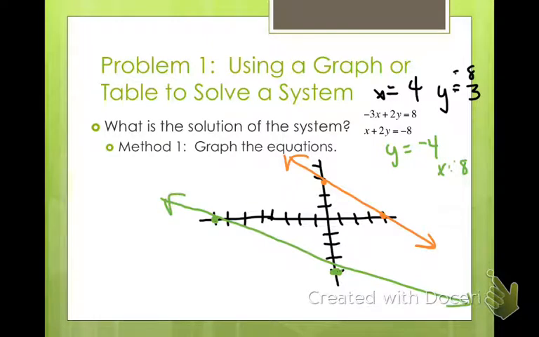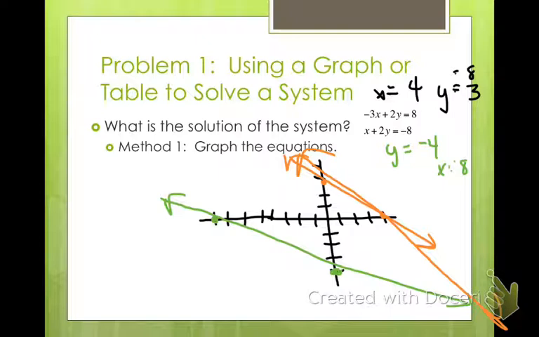Okay, well these lines should have crossed. Oh, if I extend this line here, they're going to cross somewhere way down there. Okay, so as you can see, this is not a very useful way of graphing.